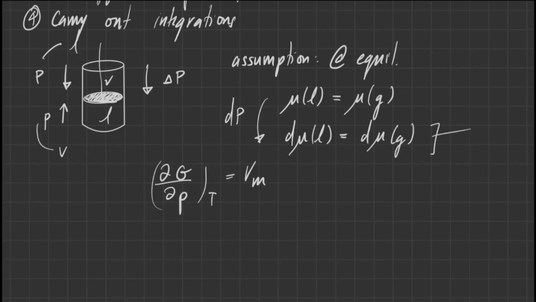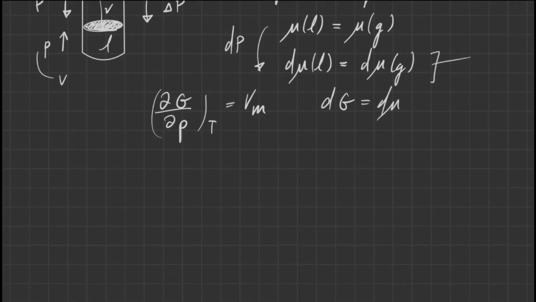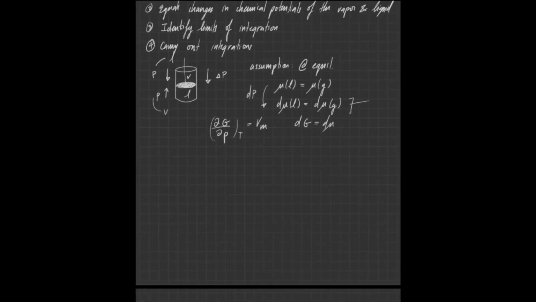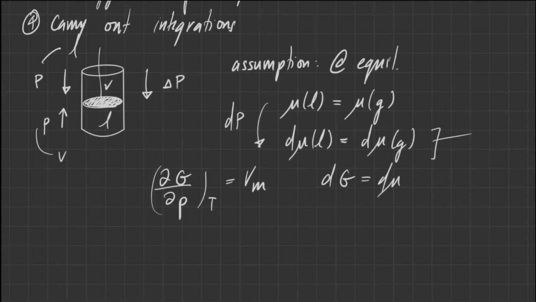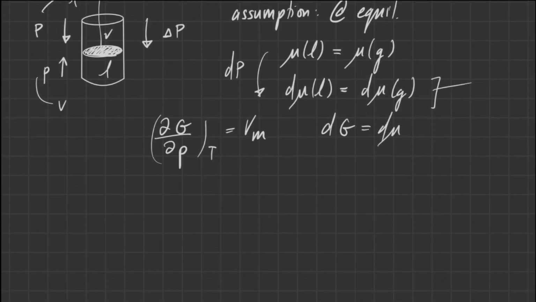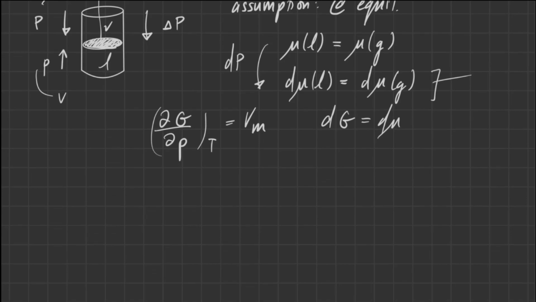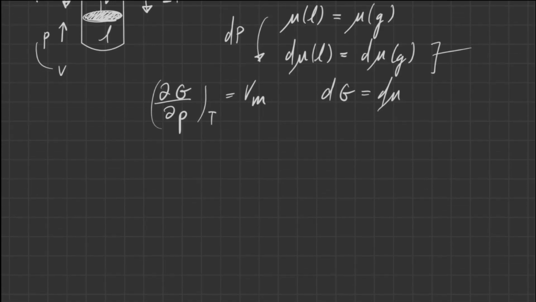We know that dG is equal to d mu for one compound, for one kind of molecule. So here we can get 2 more equations.